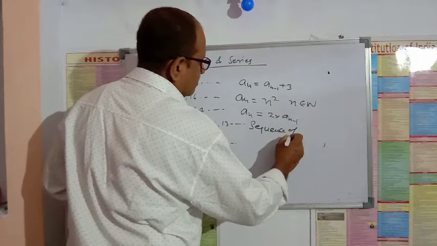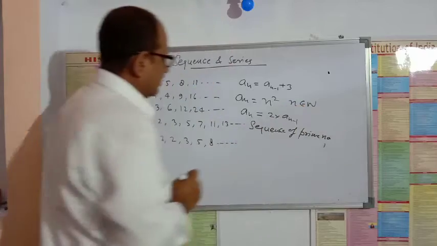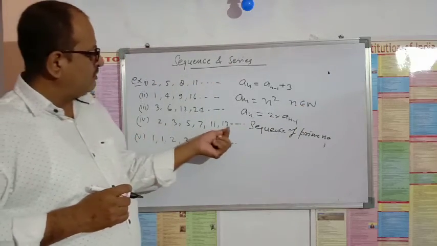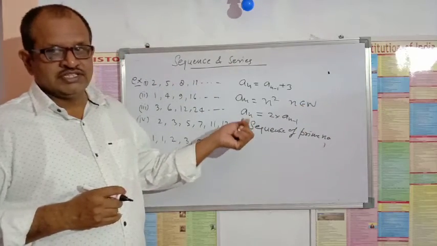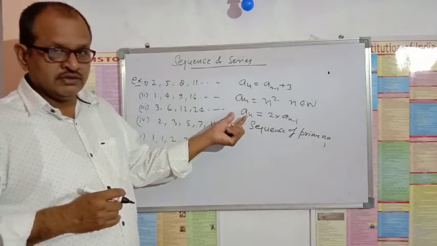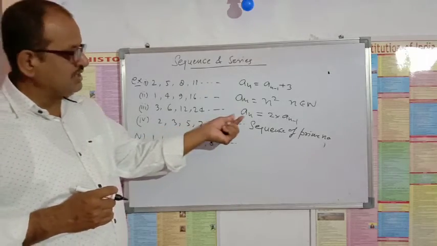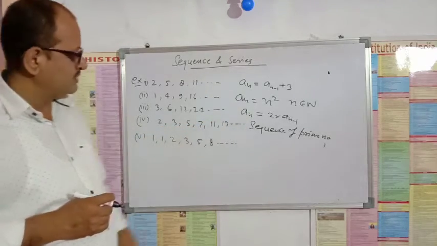We cannot tell what the 10th prime number or the 20th prime number will be. We cannot find any general formula for the nth term in this. So this sequence cannot be described by a general formula.